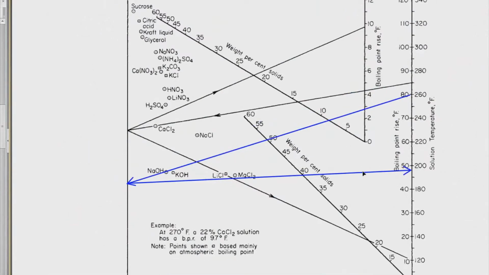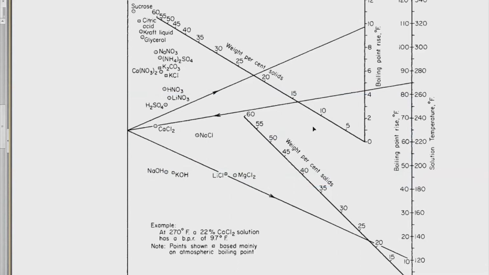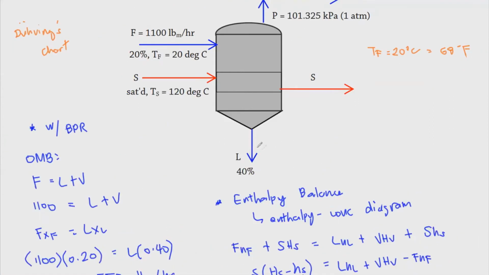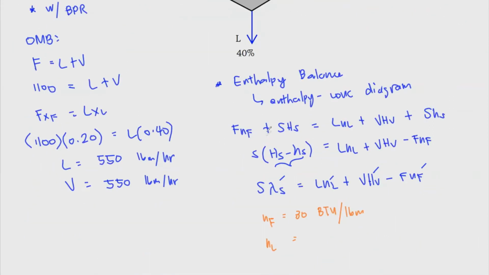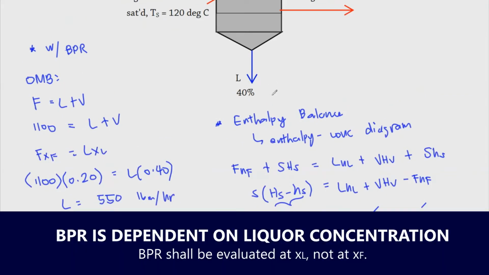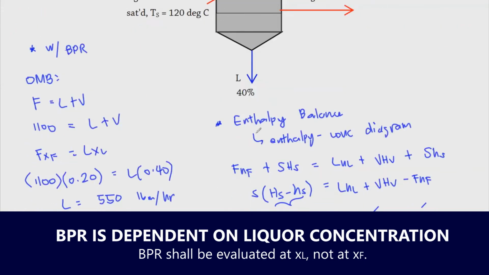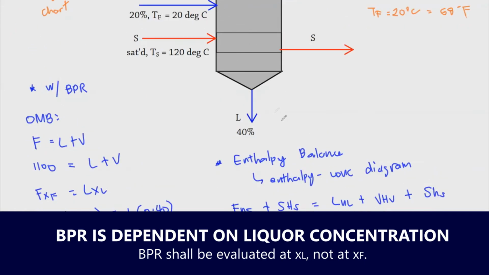Okay, I didn't erase this. Anyway, let's go back to this and check the conditions right here. You should know that we'll be using 40% instead of 20%. I have to make that clear again. In order to find the boiling point rise, you should be using the concentration of the liquor and not of the feed.